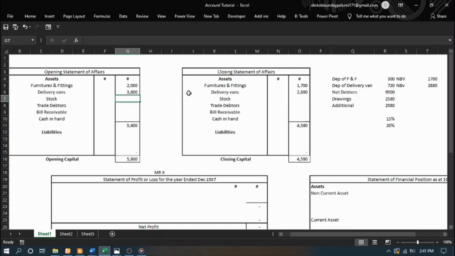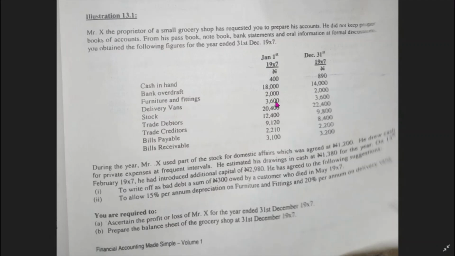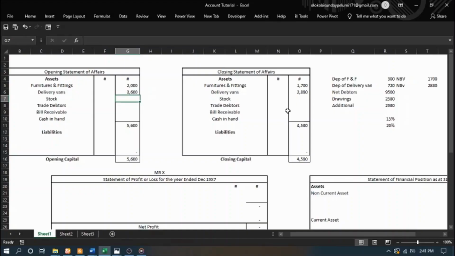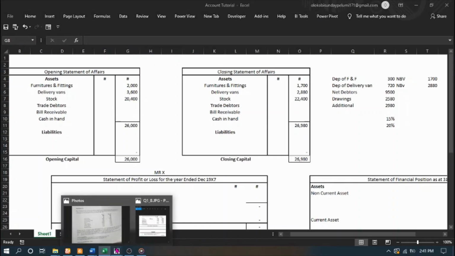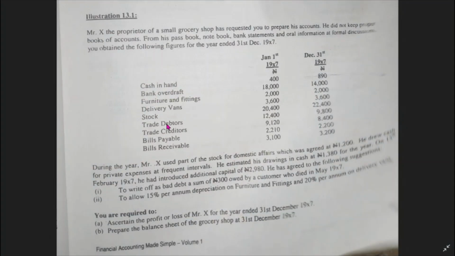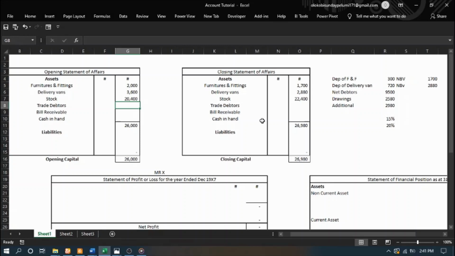So here we have stock. Value of stock was 20,400 at the beginning, 22,400 at the closing. Alright, trade debtors is 12,400 at the beginning, and now it's 95 because of the bad debts.